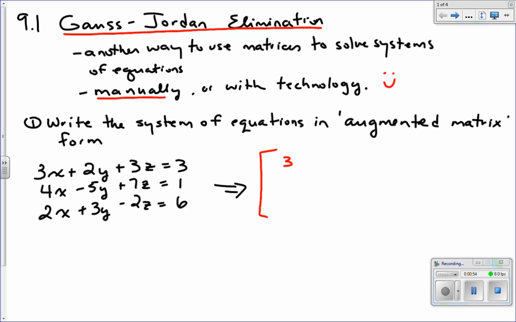We're going to write the 3 by 3 system of the coefficients, and in the same matrix, with a vertical line between, we write the constants. So it's one matrix that represents that system of equations, with just the vertical line separating the coefficients from the constants.